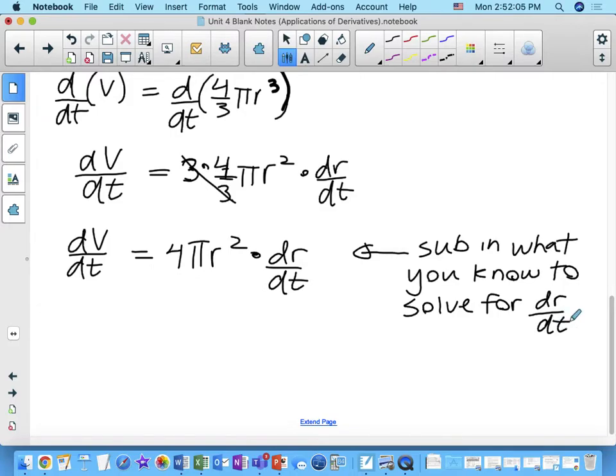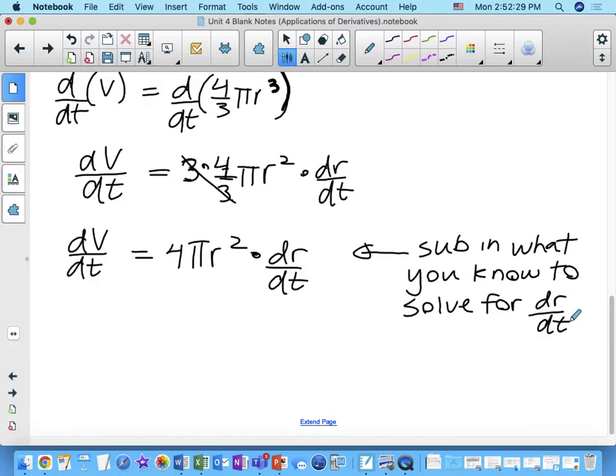And remember, we're only solving for dr by dt when the radius is 25 centimeters. As soon as the radius changes, that rate is also going to change. But at that moment in time, we can solve for dr by dt, the rate that the radius is changing by. So we're going to sub in what we know.